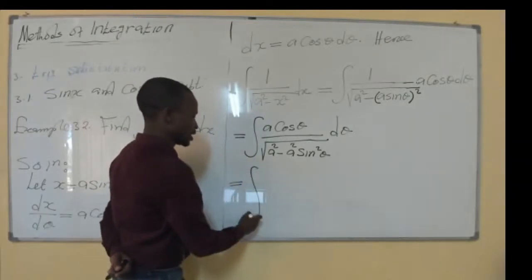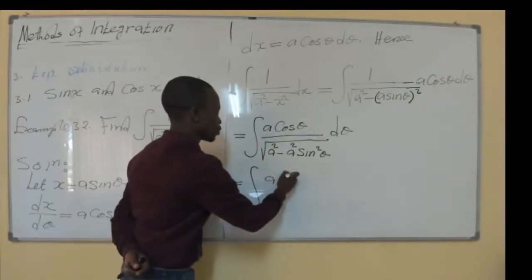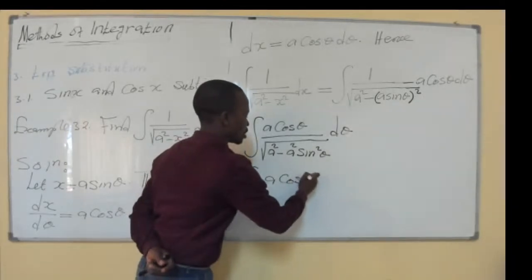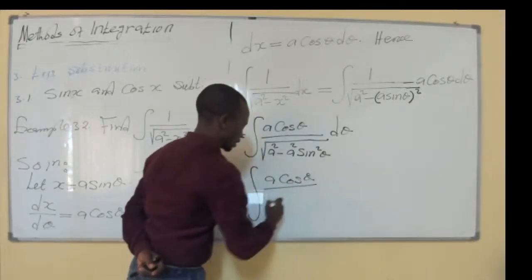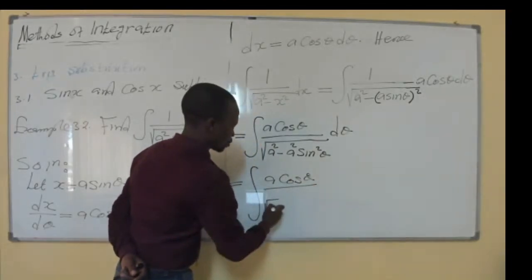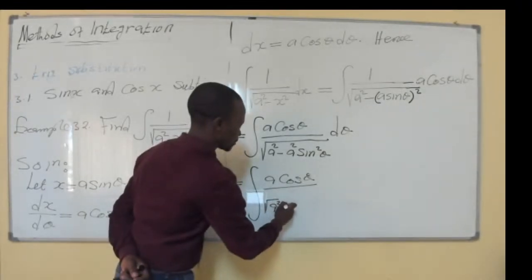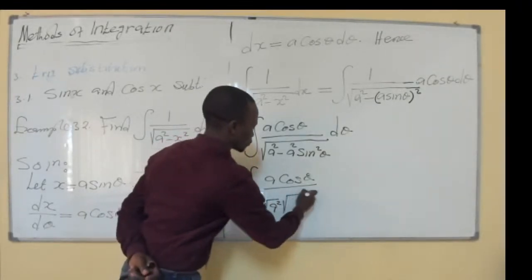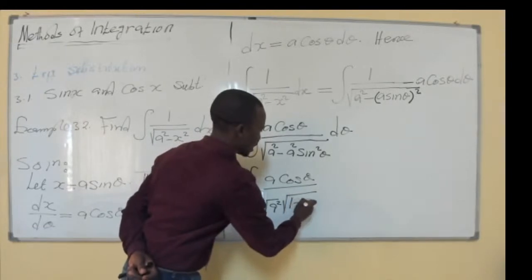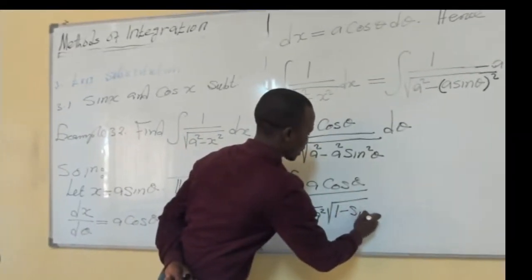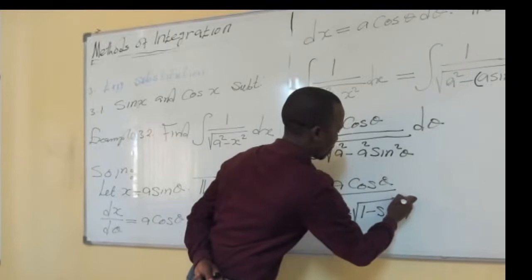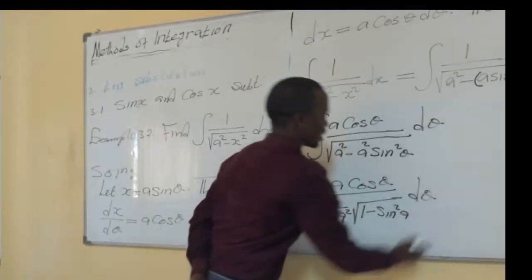So this is the same as the integral, using the rule of surds, of the square root of a squared times the square root of 1 minus sine squared theta.